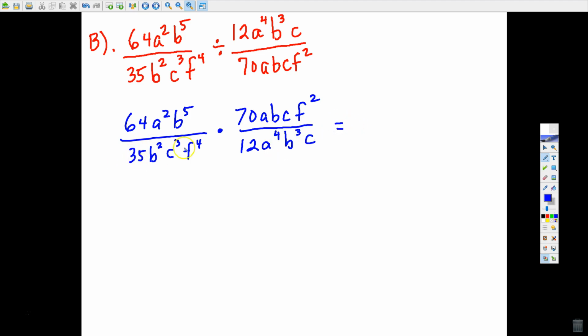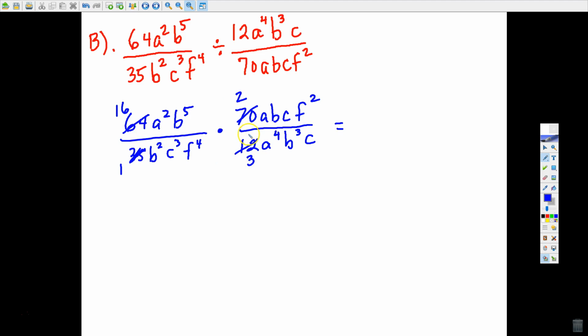I'm going to just cancel, divide, if I can, into the coefficients. Well, 35 goes into itself one time, into 72 times. Let's see, I can divide each of these numbers by 4. 4 goes into 12 3 times, and 4 goes into 64 16 times. And it looks like that's the only thing I can do as far as reducing the coefficients.